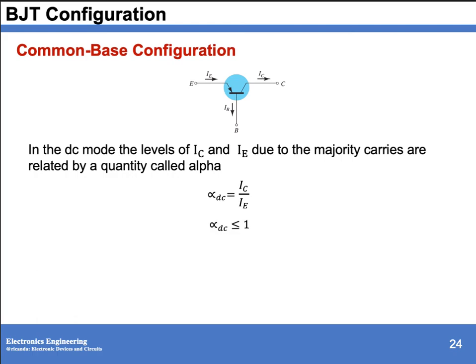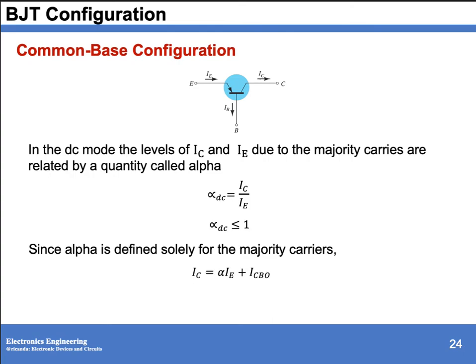This alpha must be less than or equal to 1. Since alpha is defined solely for the majority carriers, IC equals alpha IE plus ICBO.